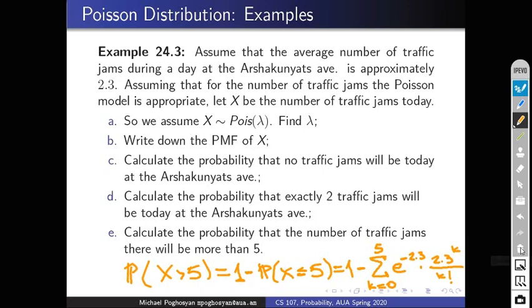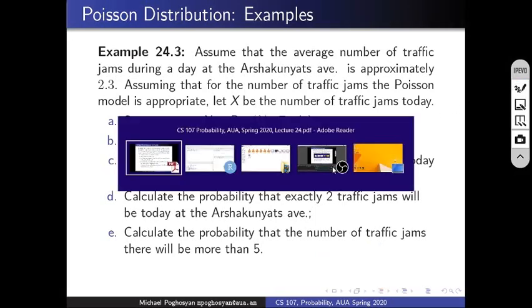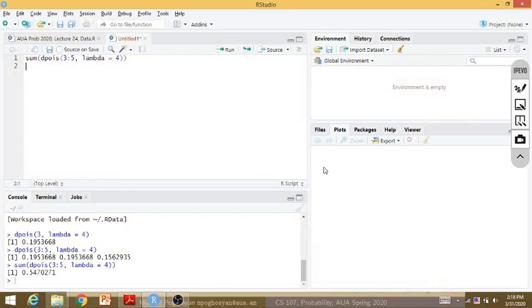So I'm going to R, so I'm erasing this, this is our R. And now I need to calculate the following. 1 minus, so the complement, I need to add from 0 to 5, so I'm calculating the PMF of Poisson, here is the Poisson distribution, for 0, 1, 2, up to 5, and my lambda was 2.3.